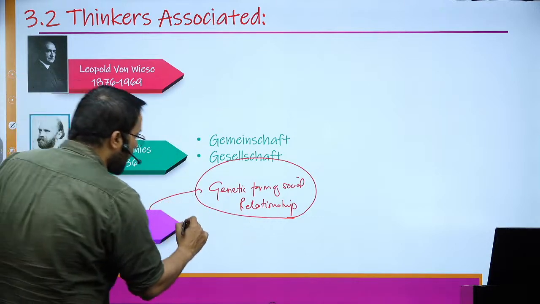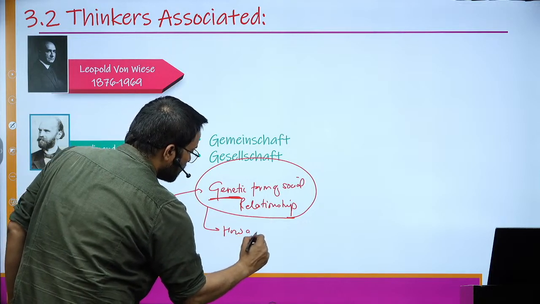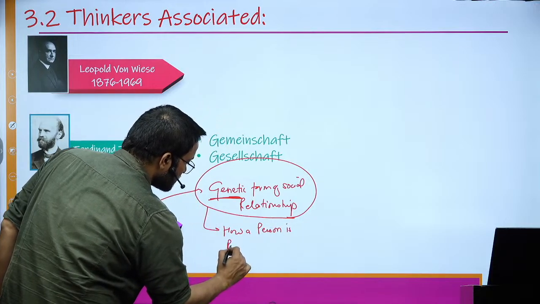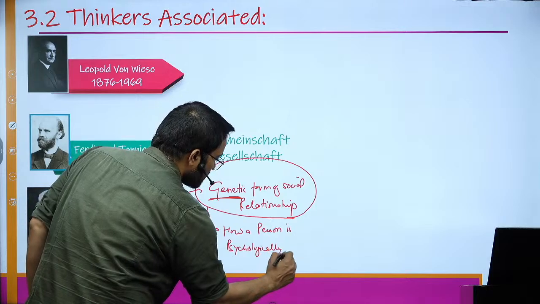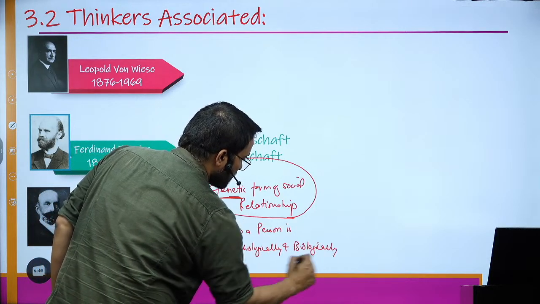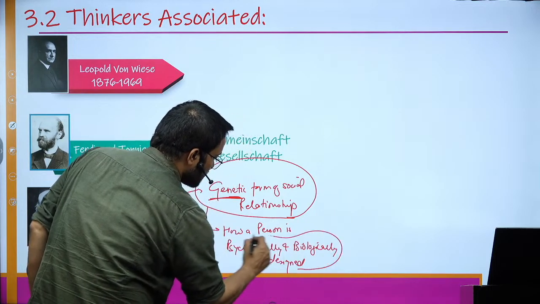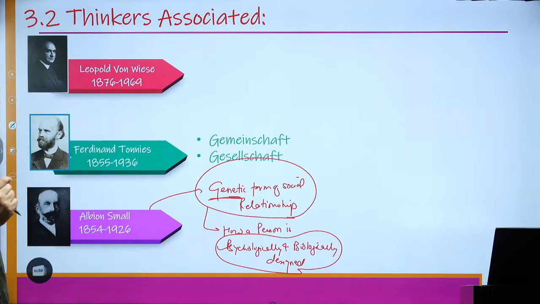Again, when we use the word genetic, we are talking about how a person is psychologically and biologically designed. So every person is different, so we cannot arrive at law-like generalization. So again, we are talking about micro level interaction.